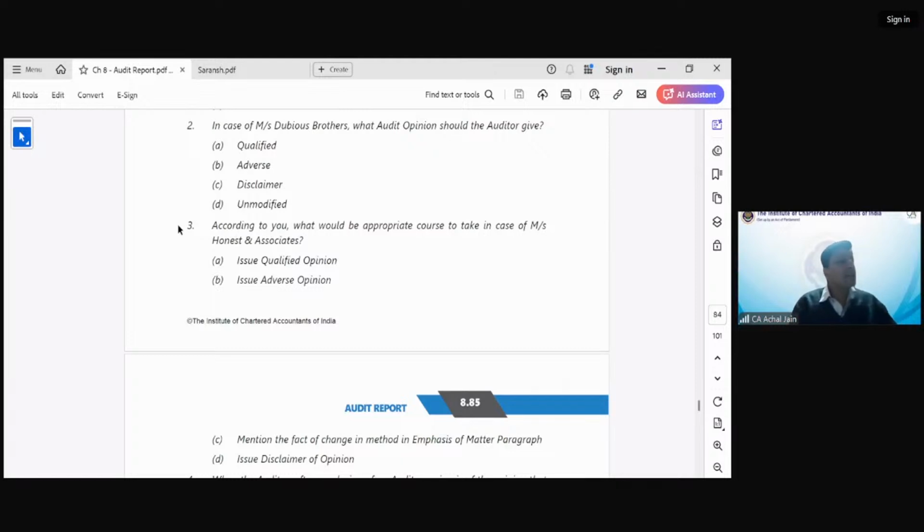I think the solution talks about EOM, emphasis of matter, right? Because we have not covered this, we can just skip this for the time being. So I'll just take you to the next part. Question number 4.